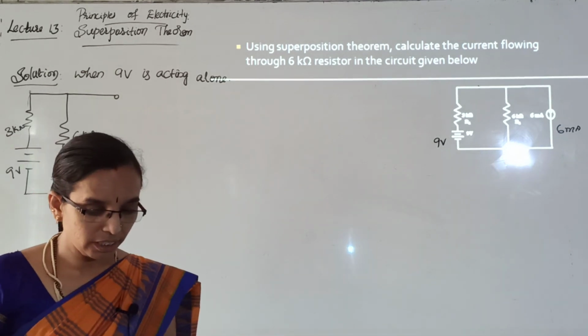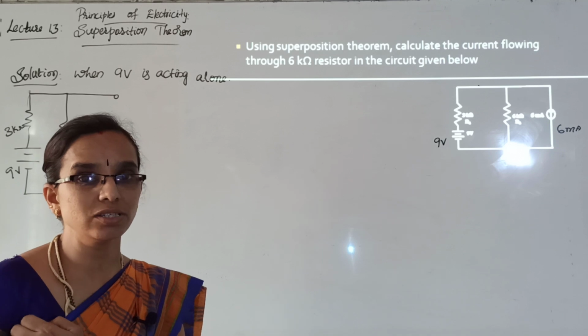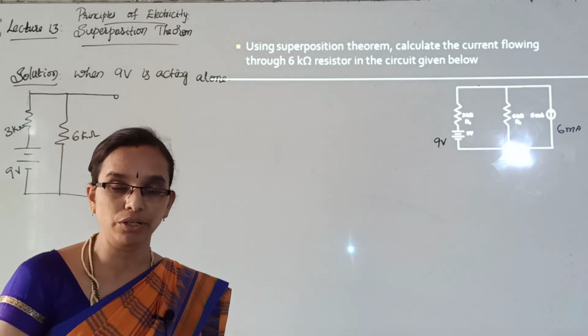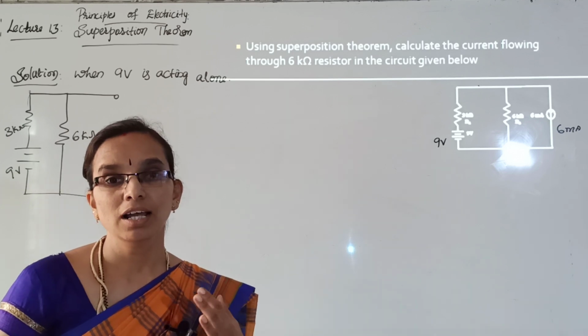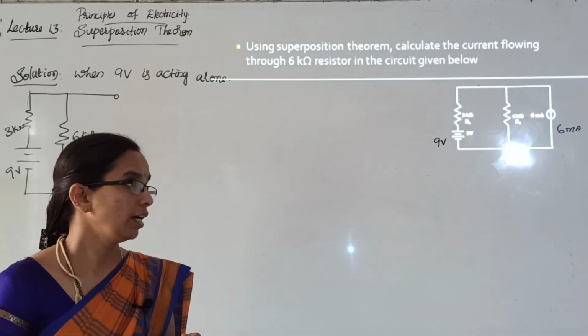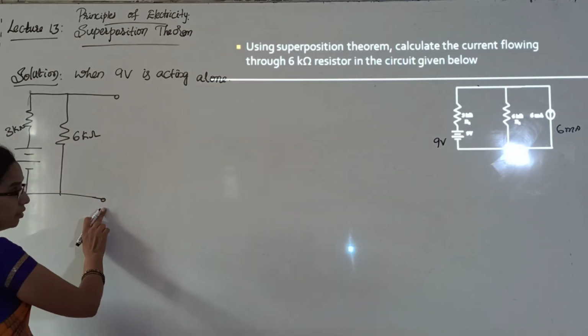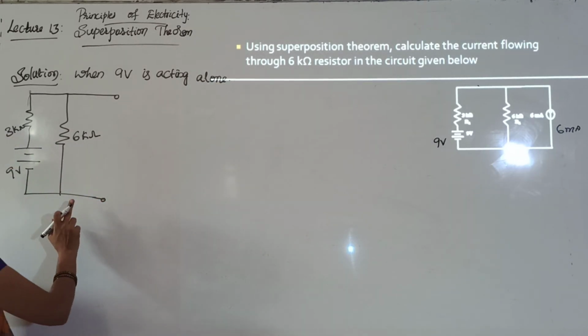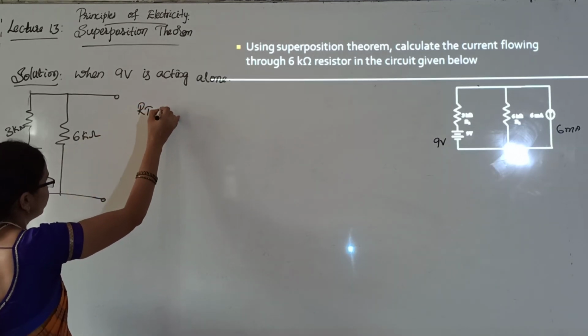In the superposition theorem we have a step like, if there is a voltage source we should replace that by short circuit. If this is a current source, here we will consider both as an ideal one. So current source is there means we should open circuit it. So the circuit will be like this. Here I have to find out the RT1.